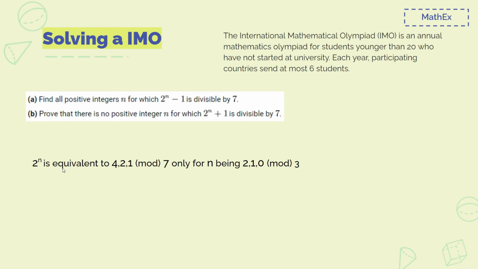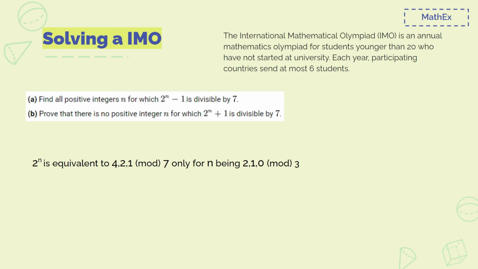So 2 cubed, which is 8 mod 7, that's just going to be 1. Then let's do 2 to the 4th to prove that it's only divisible by 3. So 16 minus 1 is going to be equal to 15. And 15 is not divisible by 7.